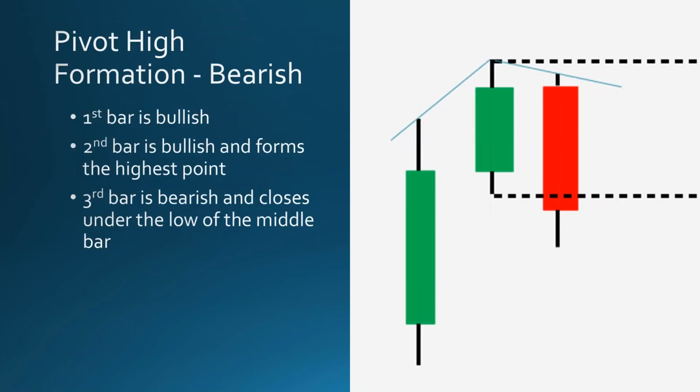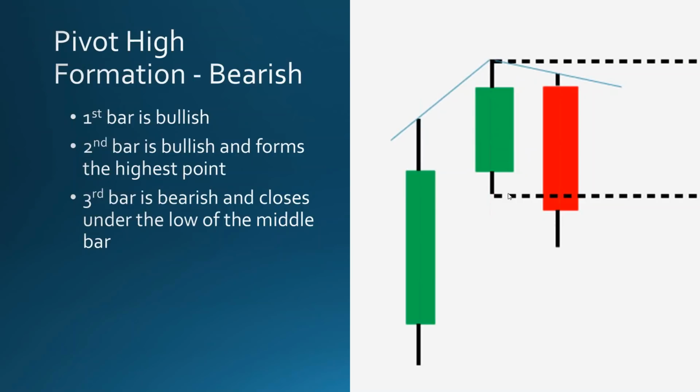The third bar will be bearish, and it will not exceed the high of the previous bar, okay? Now, it is a true pivot if it closes under the low of the bar that formed the high, which is your central bar, okay?